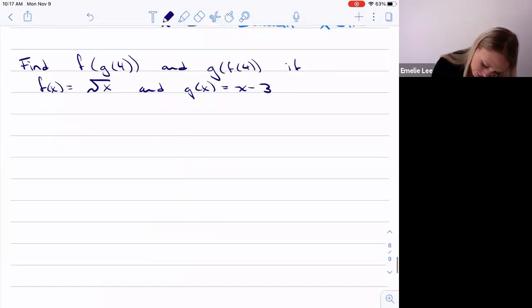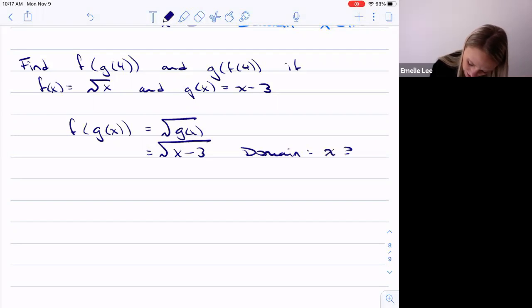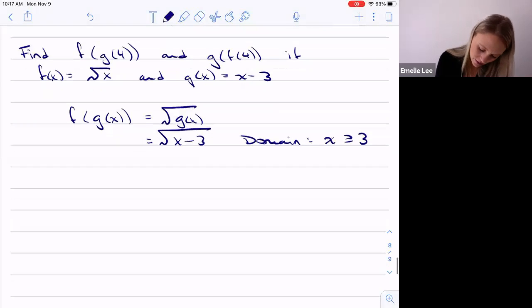Let's just do it again. The root of g of x is the root of x minus 3, and the domain was x greater than or equal to 3. This is from above.